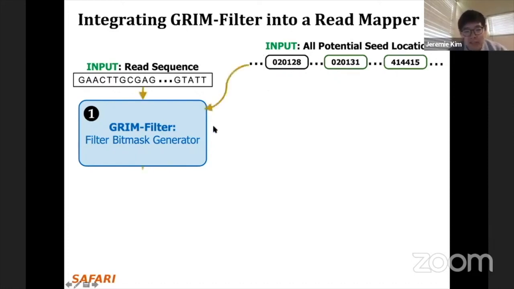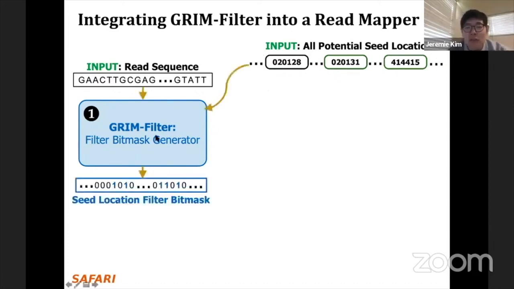It feeds them to the GRIMFilter, which calculates the potential existence of that read sequence within every single bin of the potential seed locations. And so it'll spit out a seed location filter bit mask where 1 indicates, yes, you have to check this bin for existence, and 0 indicates, no, it's definitely not there because there weren't enough tokens.